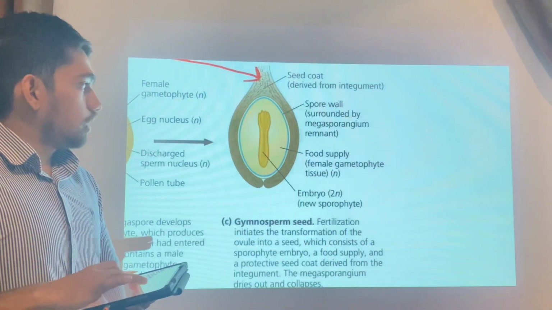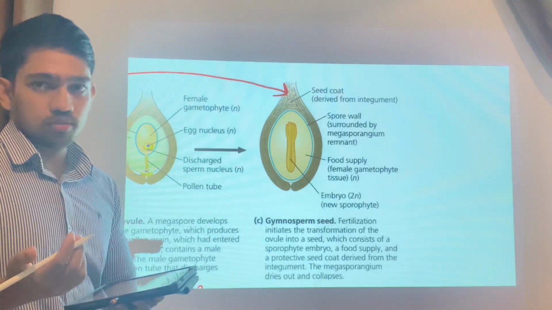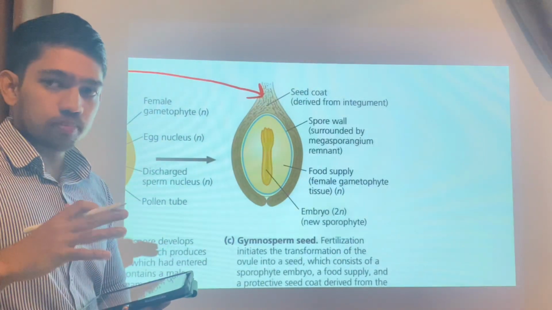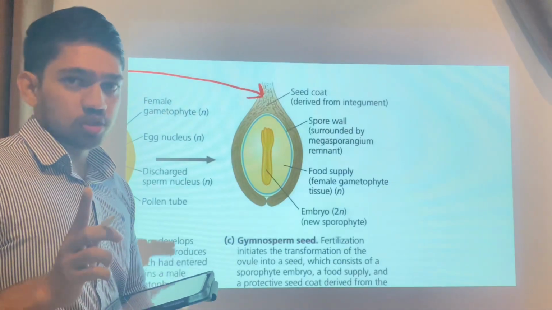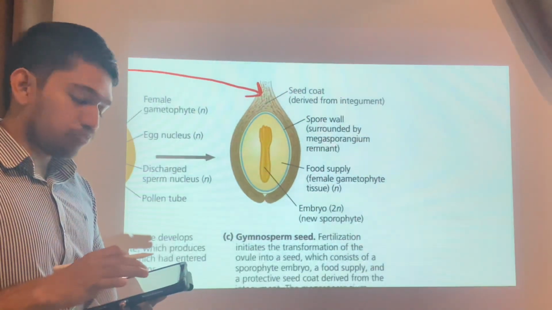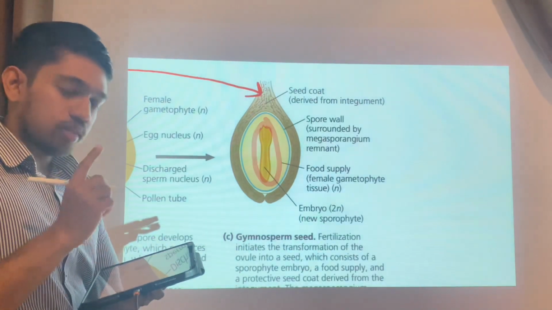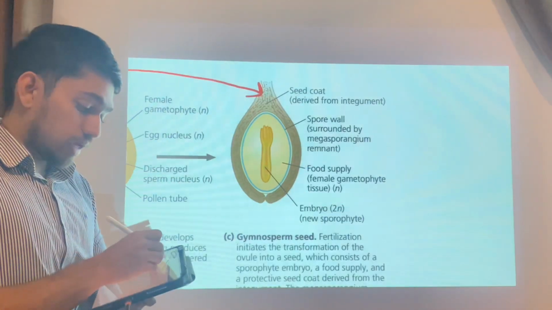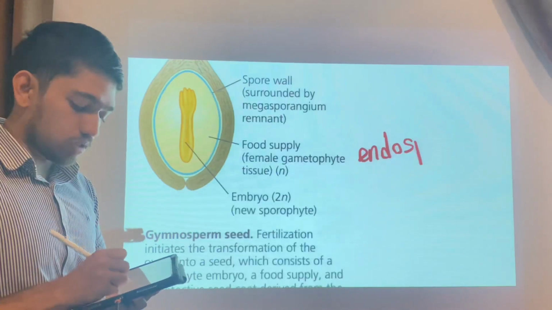In your mature seed, we have a new food supply, because the nucellus tissue has been used up. The nucellus was what? The megasporangium. Now we have a new food source for the developing embryo. That is going to be your female gametophyte, which has a new name now, called the endosperm.